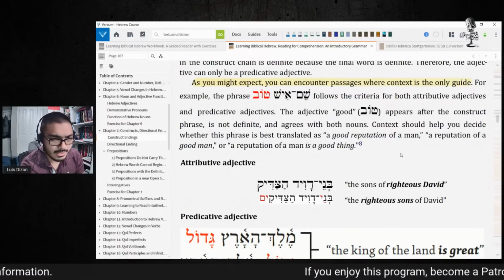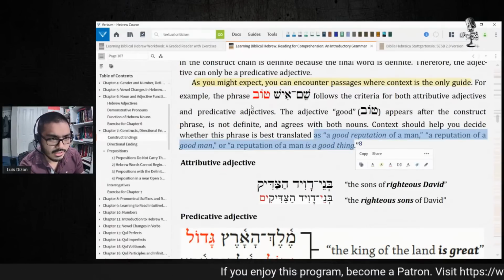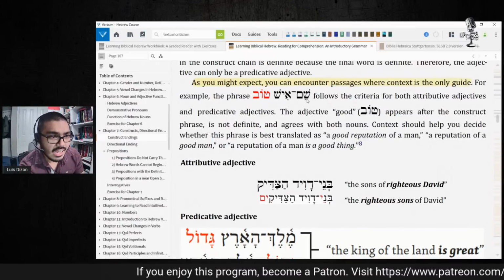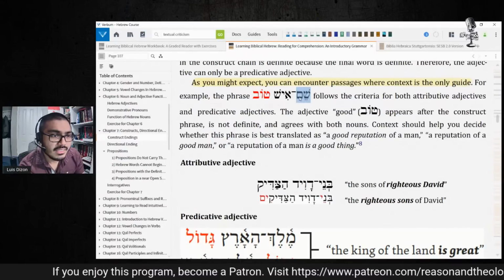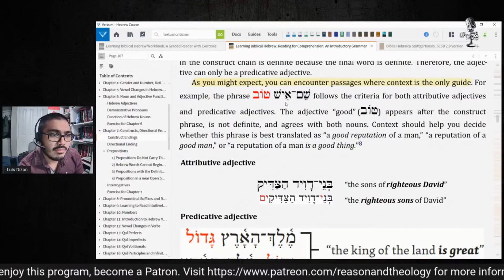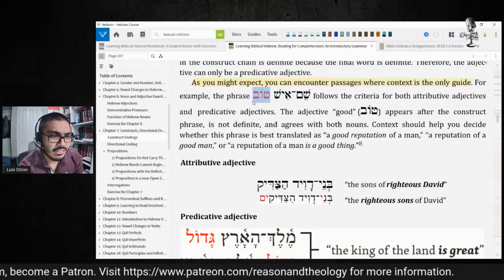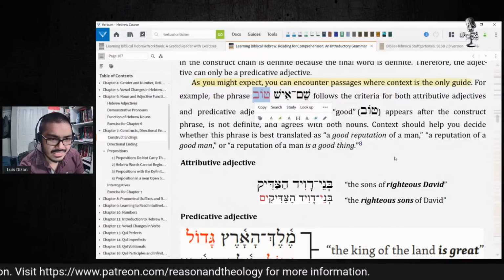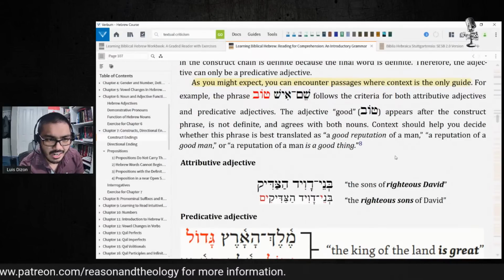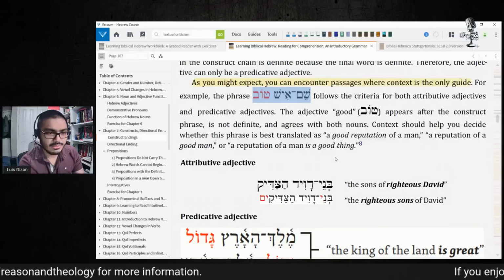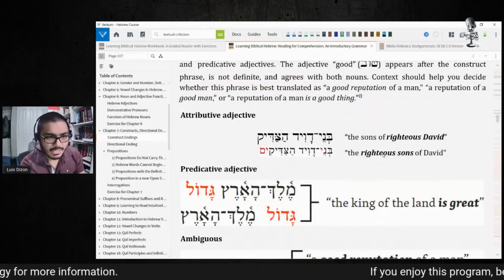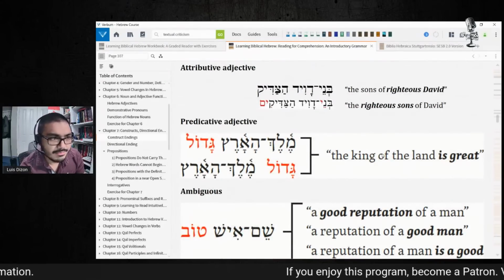Or one other possibility that's not mentioned by the textbook, you could translate this as the name of a man of the good one, but that's a really strange and unnatural way of translating it. So I wouldn't expect you to run into anything like that.